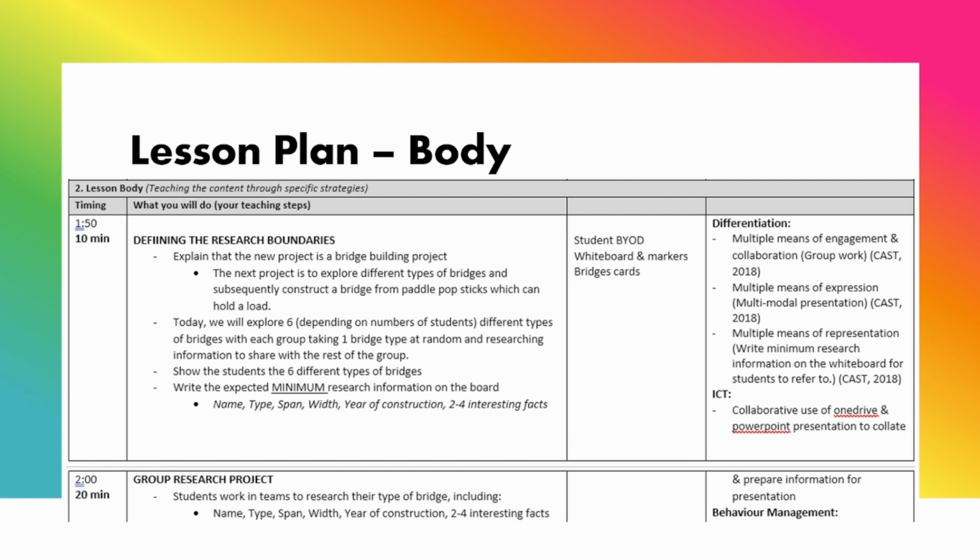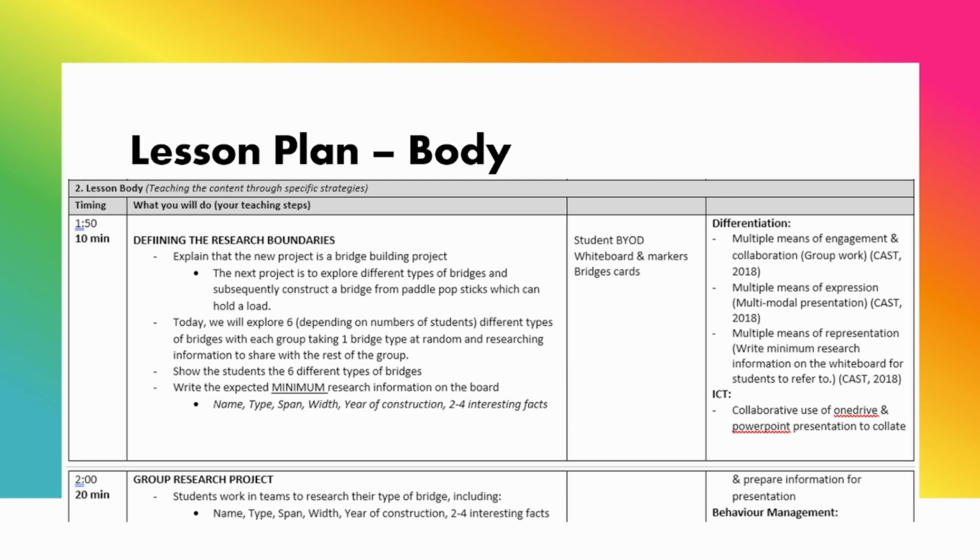I wanted them to put it into a PowerPoint presentation, and we needed to work collaboratively on this. The cool thing was I was able to show them one of the properties of Microsoft OneDrive, which they have access to as students. They could jump in and share the same PowerPoint presentation and collaborate in that space.